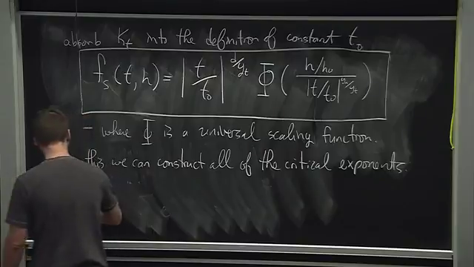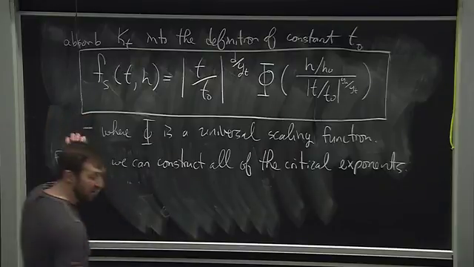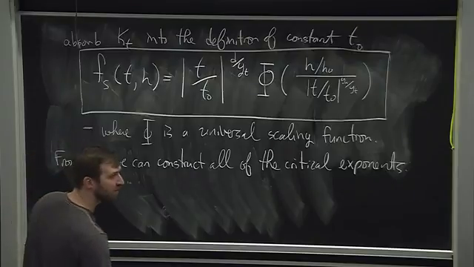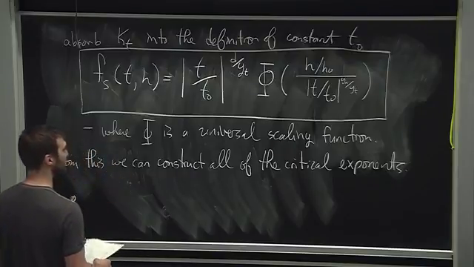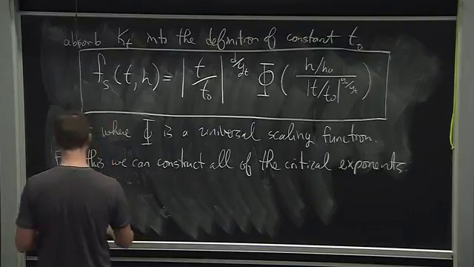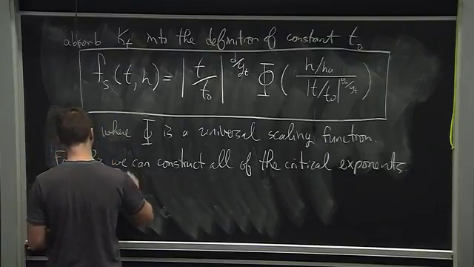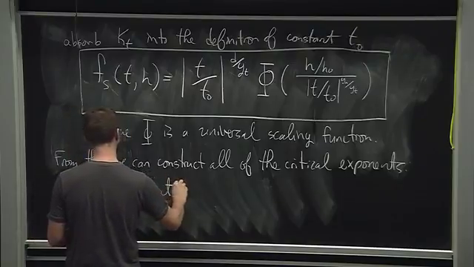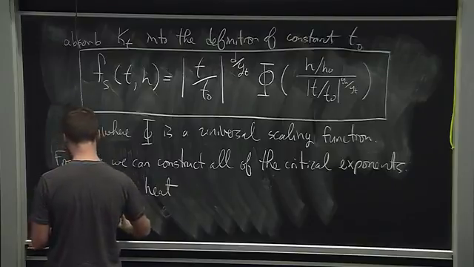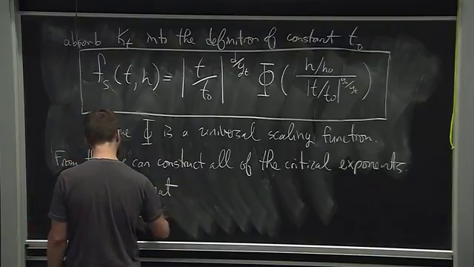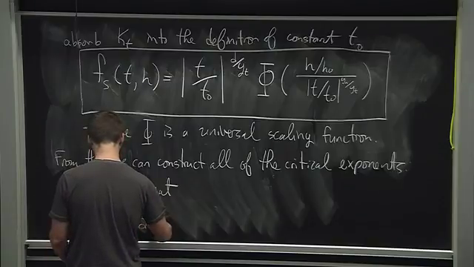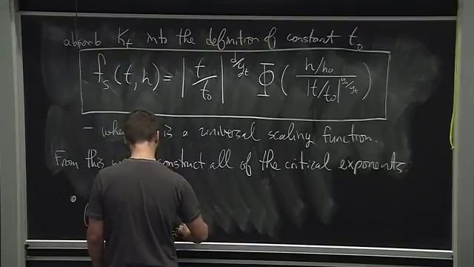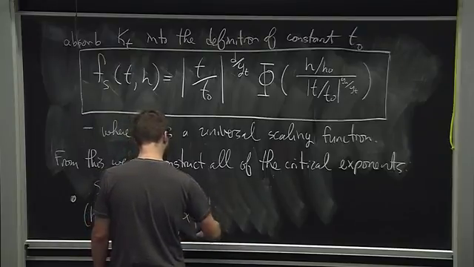Okay, so for example, for the magnetization, we know, now let's do specific heat first. So specific heat, I can set H to 0, because it's not a response to H, it's a response to T. So set H equal to 0, second derivative of the free energy with respect to temperature squared.